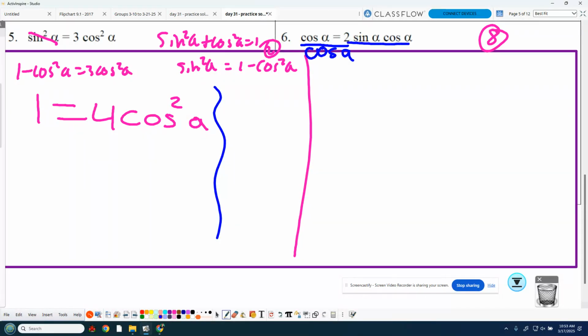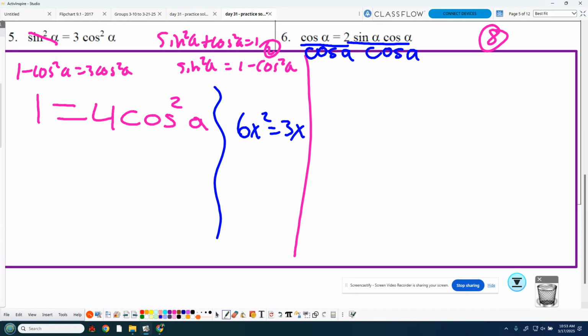So, from the warm-up, the very first thing I said was, when I said 6x squared equals 3x, and you guys wanted to divide by 3x on both sides, that's not good.